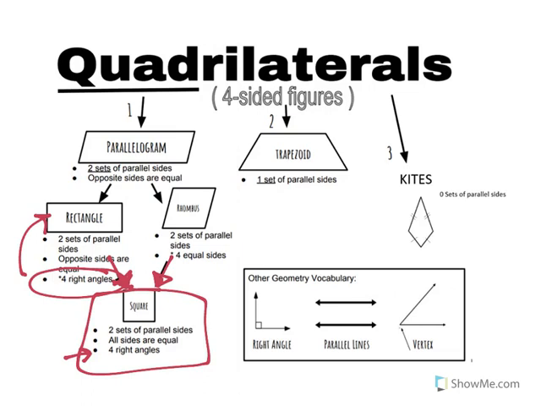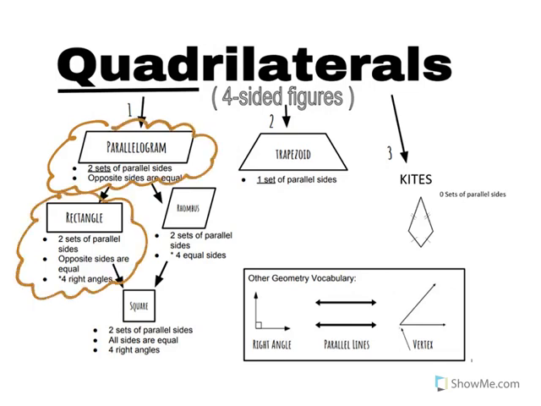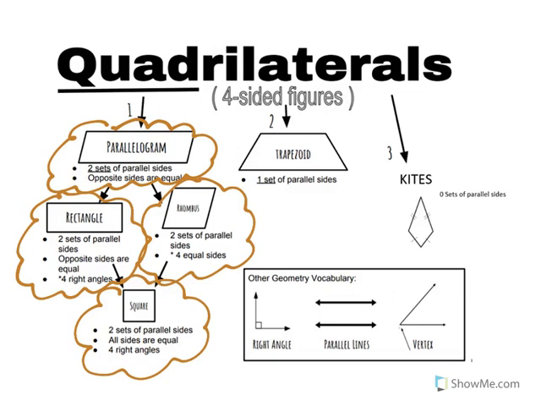Let's look at those shapes and see if that is true. So we're going to look at parallelogram, rectangle, rhombus, and square. We're only looking at those ones. We're not looking at this or this at all. Now, we have to go through each answer choice.